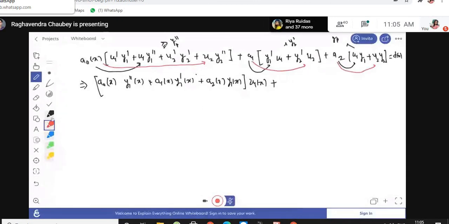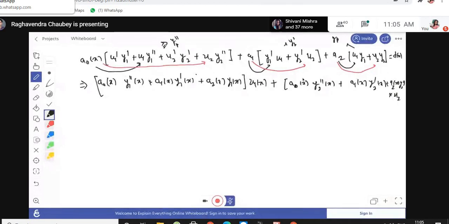In the second, we take the same form: a0(x) y2'' plus a1(x) y2' plus a2(x) y2, multiplied by u2, because u2 is common to all.